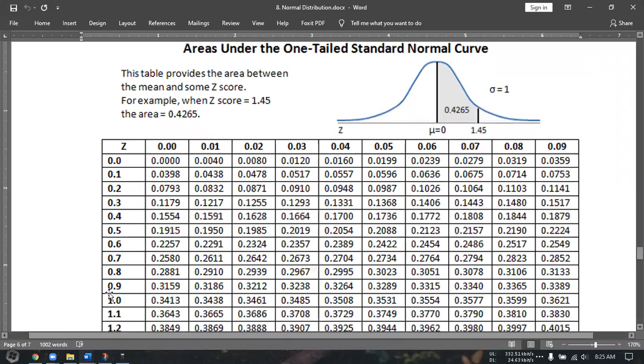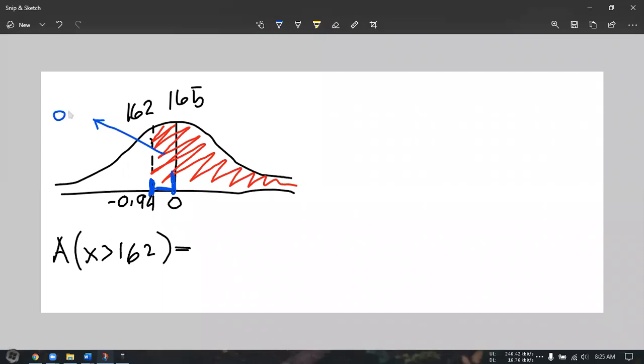Here we have 0.9. We have 0.4. This is 0.3264. The area from 162 to 165 is 0.3264.